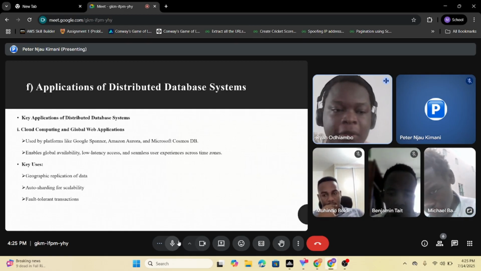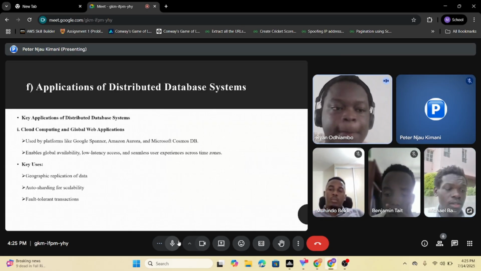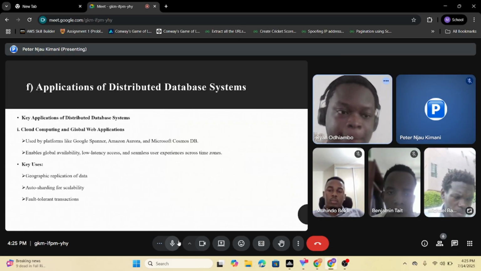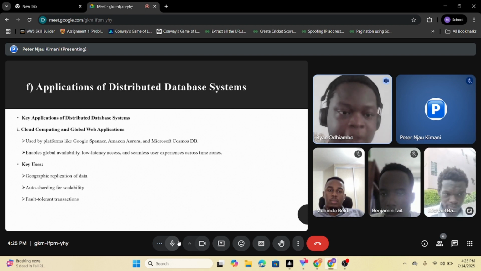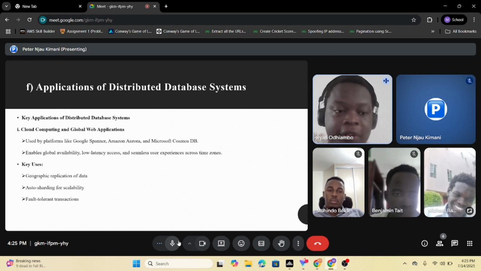So some key uses of cloud computing. One is geographic replication of data, so the data is distributed across various regions.